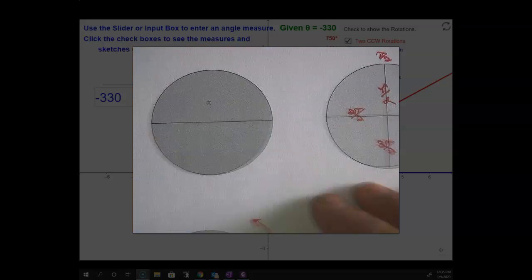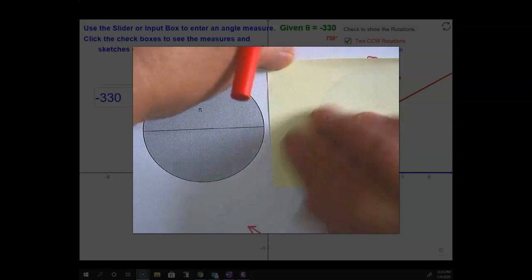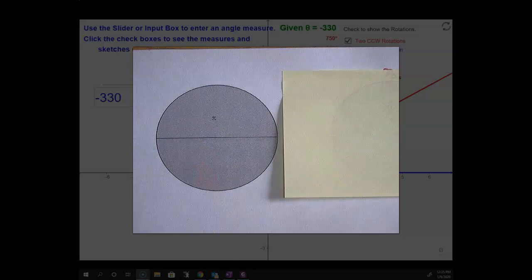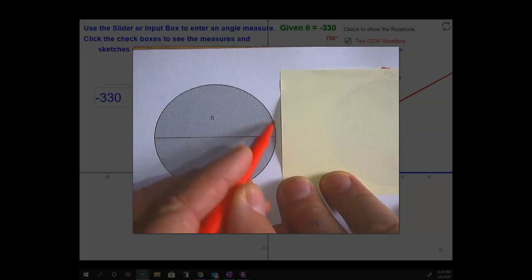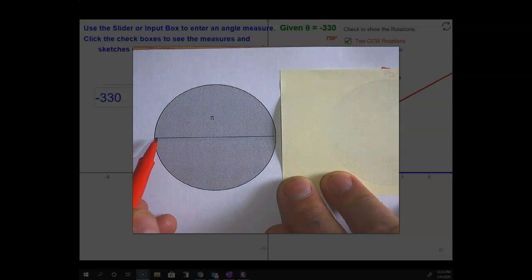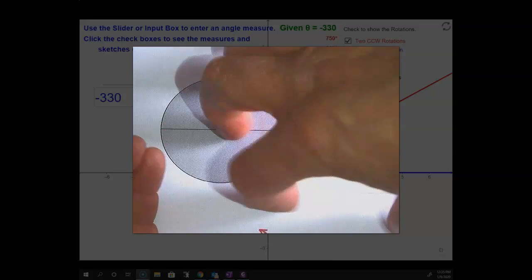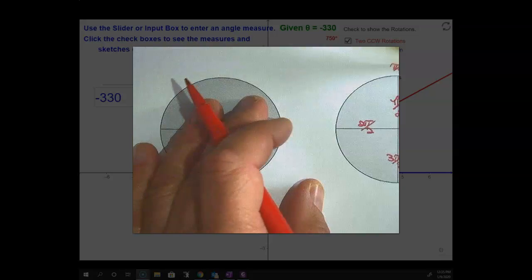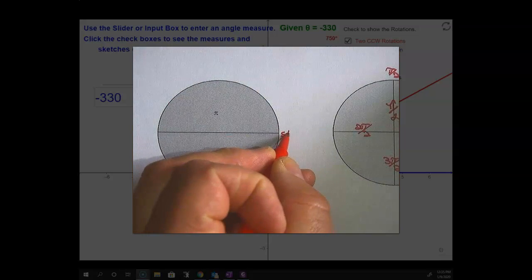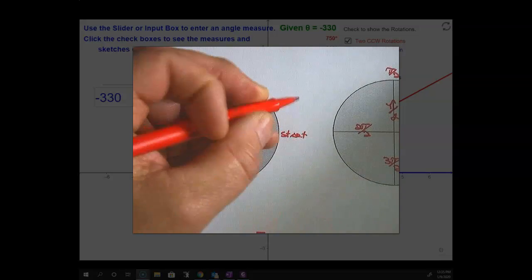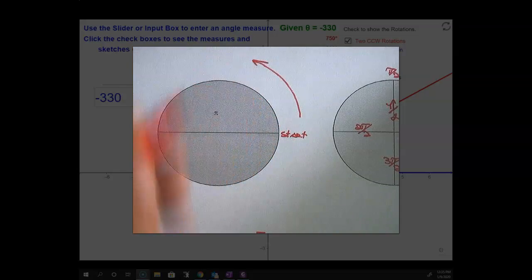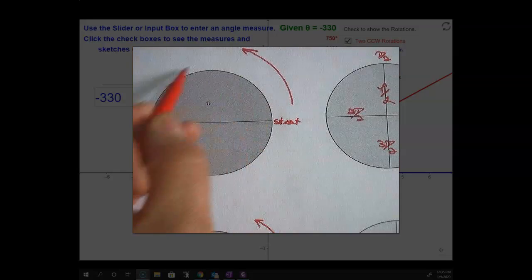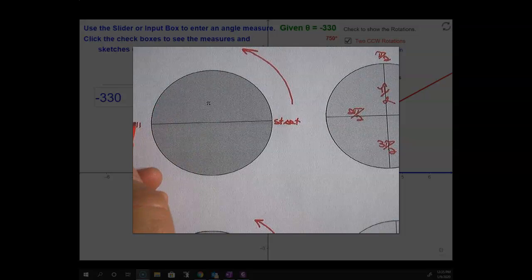All right, and then the last one is if you cut it into pi pieces. Doing half a turn, that's 1 pi. Again, if we started here and count this direction, 1 pi is half the circle.